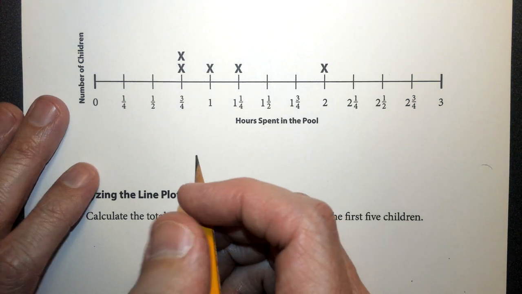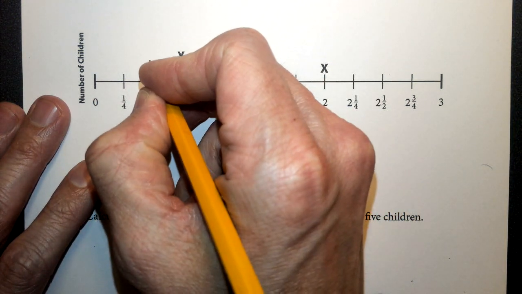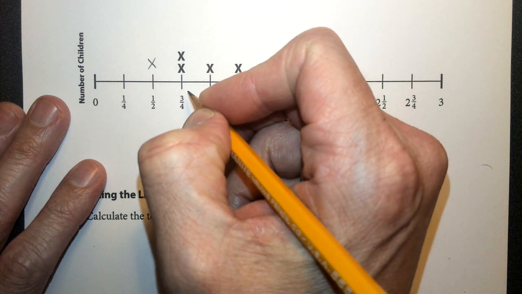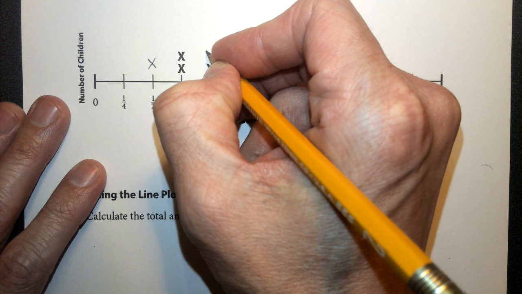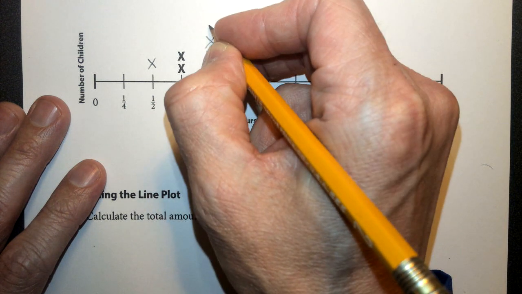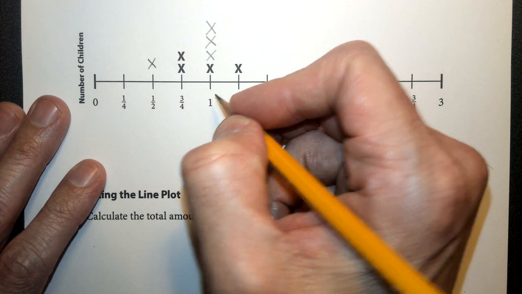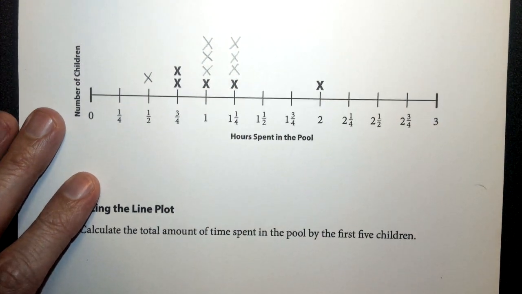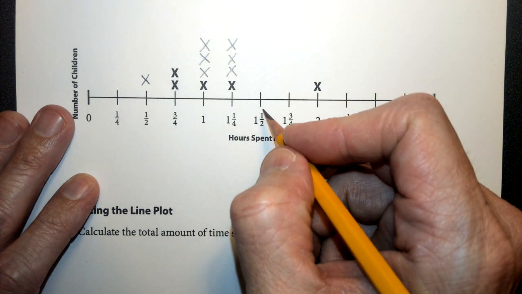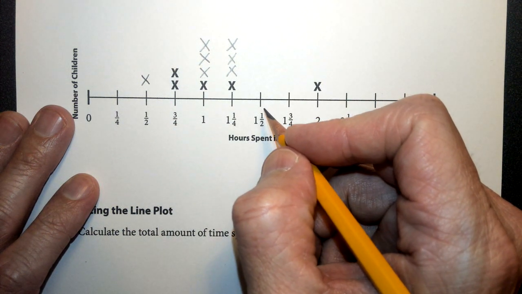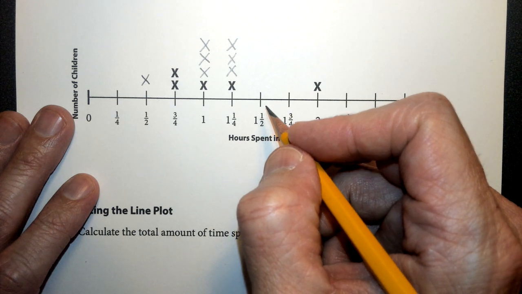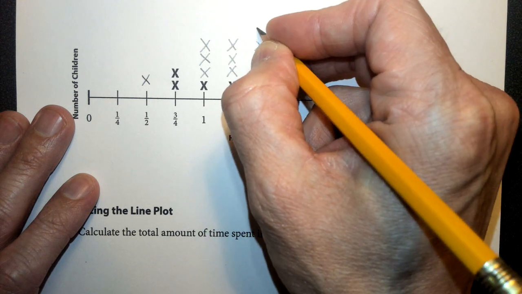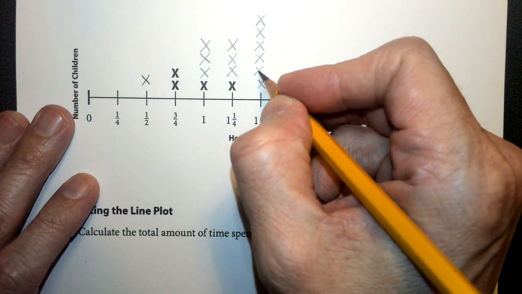So when you look at your graph, you should have had an x over 1/2, and you should have had these two x's already for 3/4, and then you needed 3 more x's for 1, and then 3 more x's for 1 1/4. And then for 1.5, you needed 6 x's.